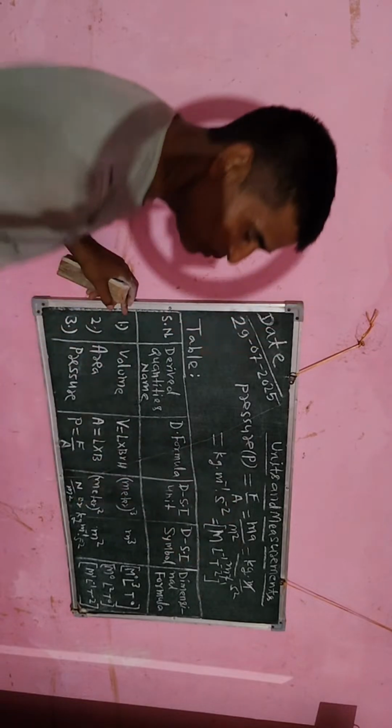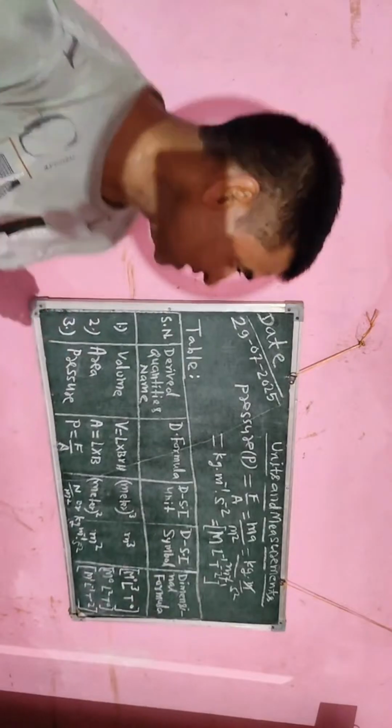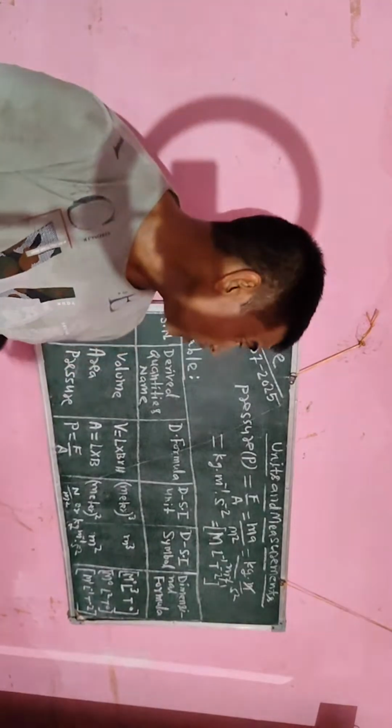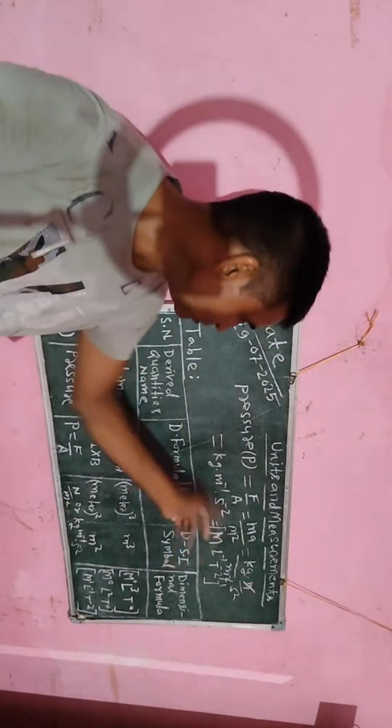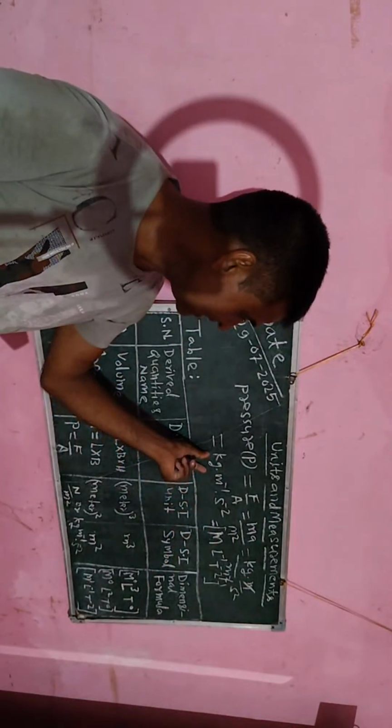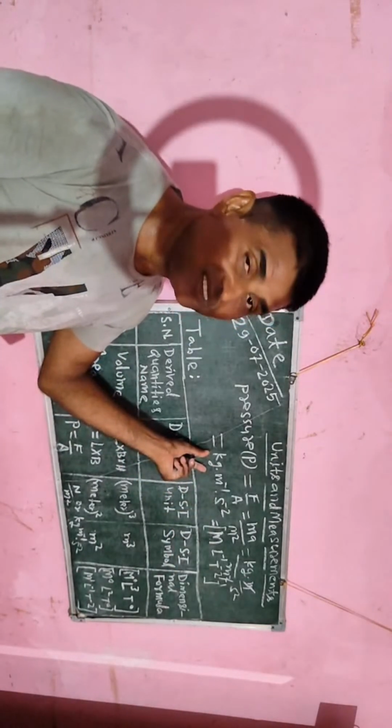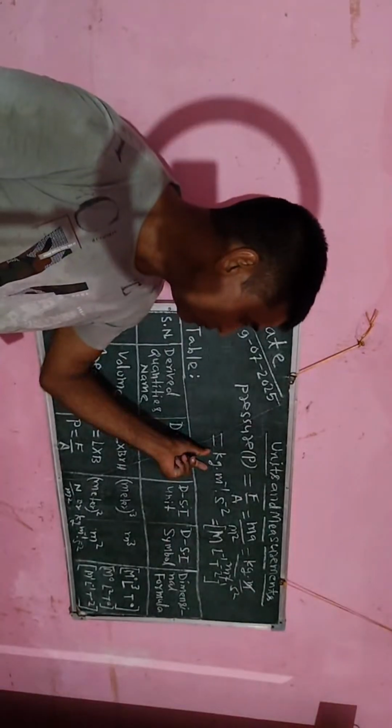I have already taught you the 7 fundamental quantities, and all the fundamental quantities I am using here, because kg is written there. That is the SI unit of mass.